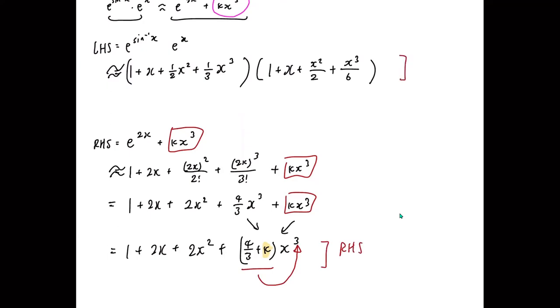So now we focus on the left-hand side. Now it was a correct call to not expand out all 16 terms, because all that I need to solve for k is to focus on the x cubed terms. So how do you get x cubed terms? So let's see. 1 times what gives you x cubed? This guy? X times what gives you x cubed? x squared.